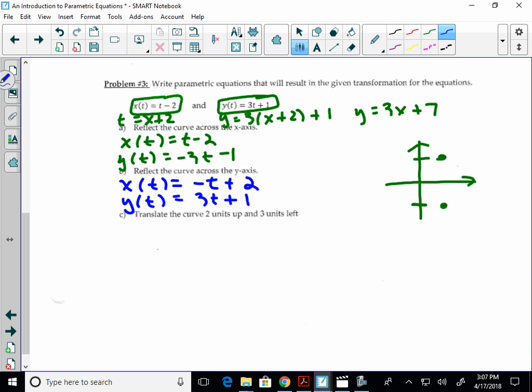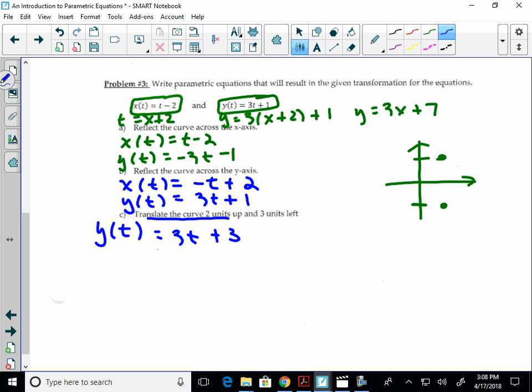Translate the curve 2 units up. Are you working off the y or the x? If you're moving it up, y or x? Y. Okay, so plus what? Plus 3. Wow, Caleb. 3 units left.